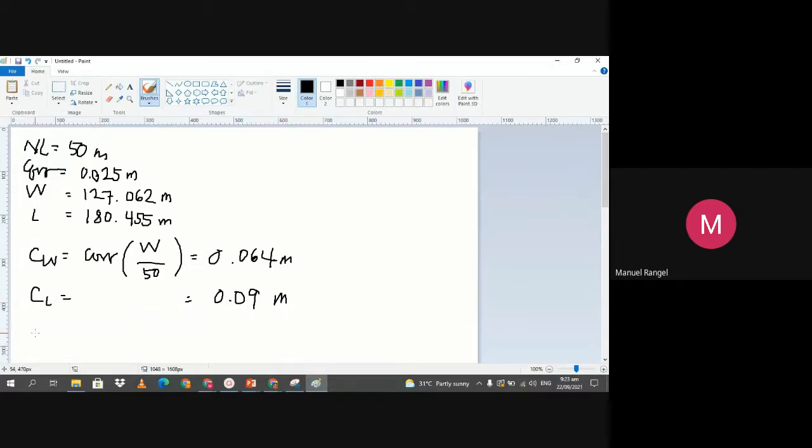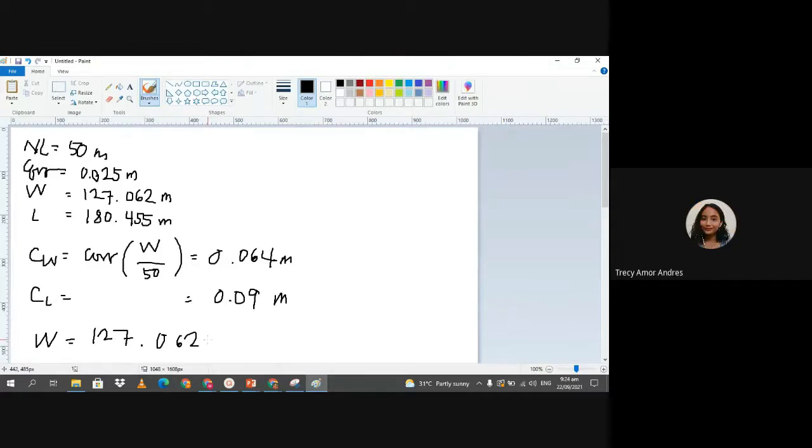So for the corrected line, let's start with the width. What is the correct width? The tape is too short, so the measured value is 127.062. The tape is too short and the line is measured, so do we add or subtract?